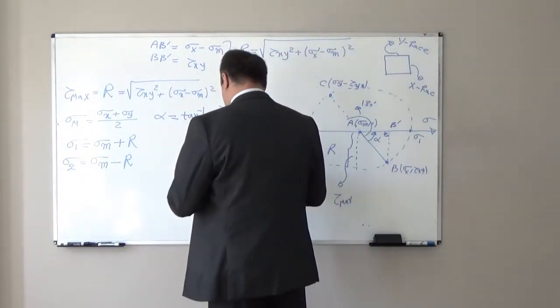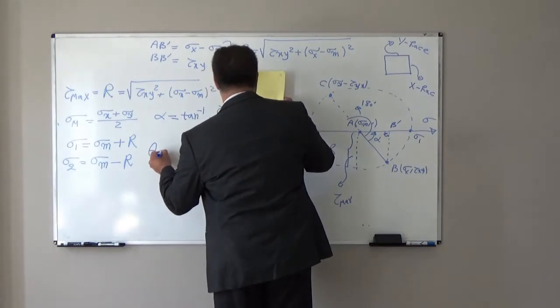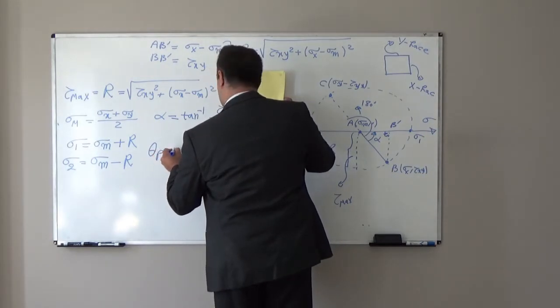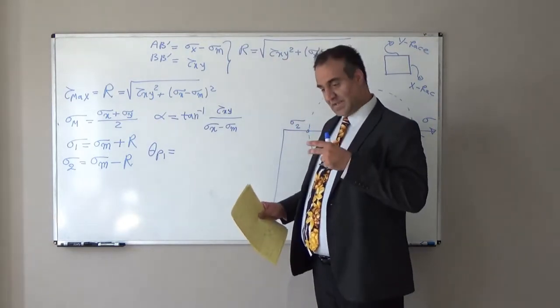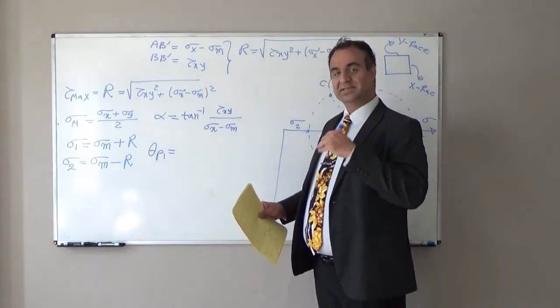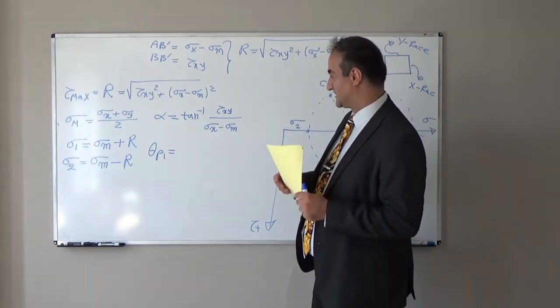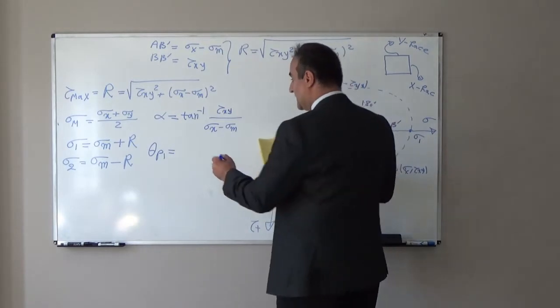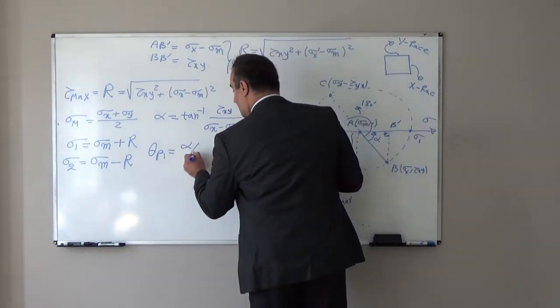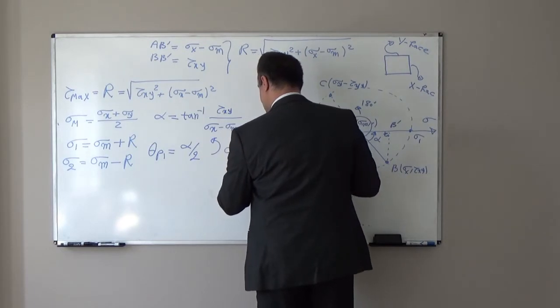After I find alpha, theta p1, which means the angle we rotate the element so that the faces of the element are towards the principal stresses sigma 1 and sigma 2, will be alpha over 2 counterclockwise.